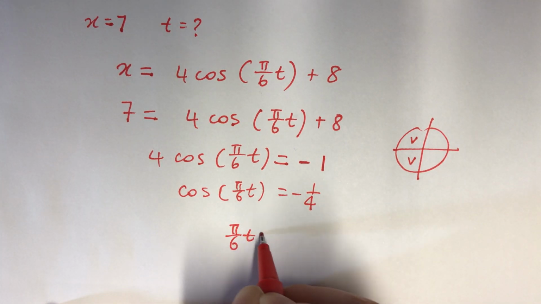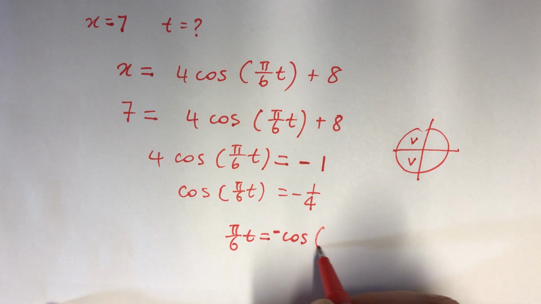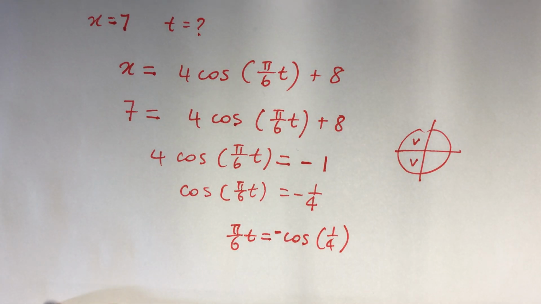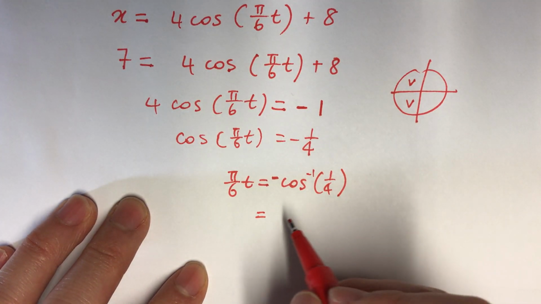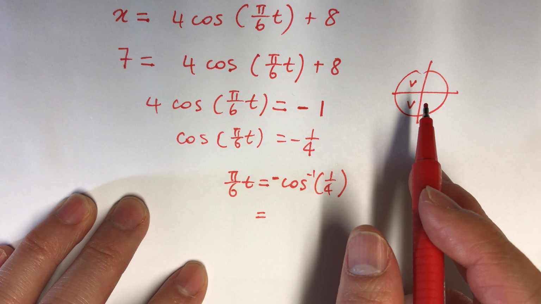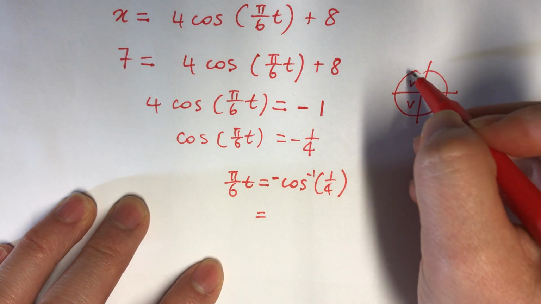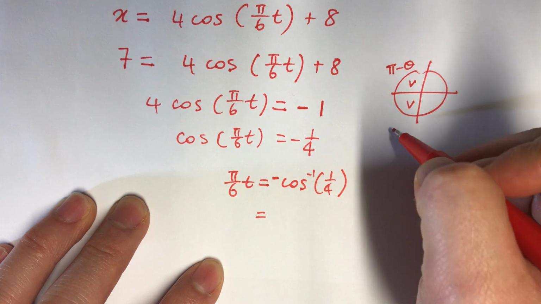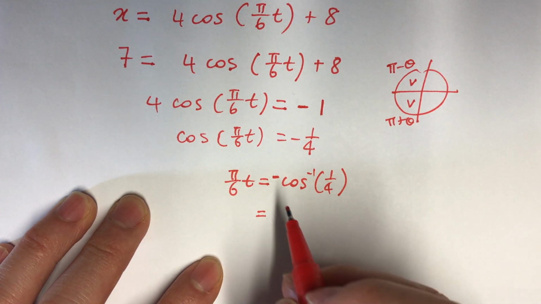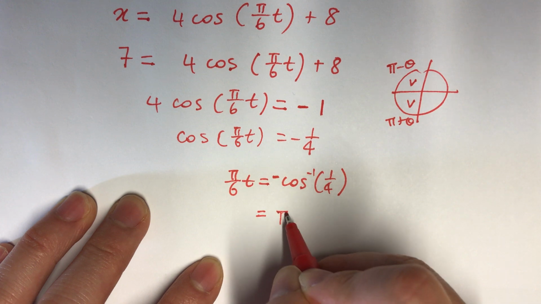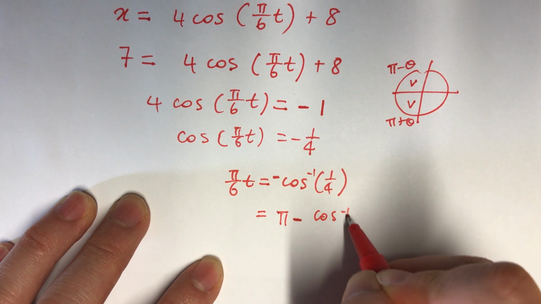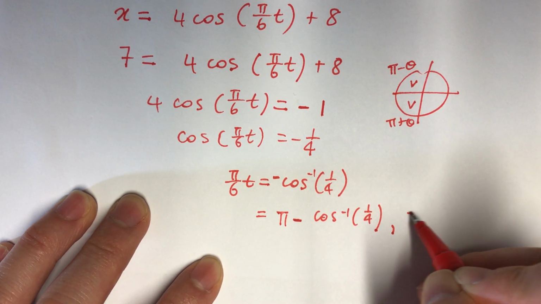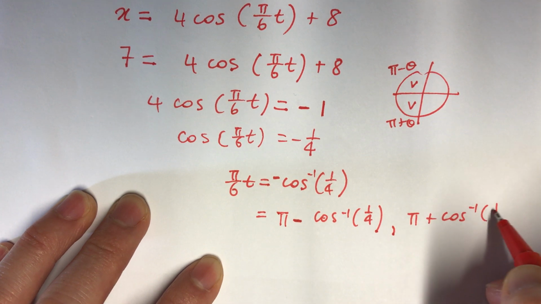So pi over 6 t equals cos inverse of minus 1 over 4. Okay, just watch what I'm doing here. I've got the second and third quadrants, so it'll be pi minus theta, pi plus theta. So I'm going to write pi minus cos inverse of 1 over 4, and then pi plus cos inverse of 1 over 4.